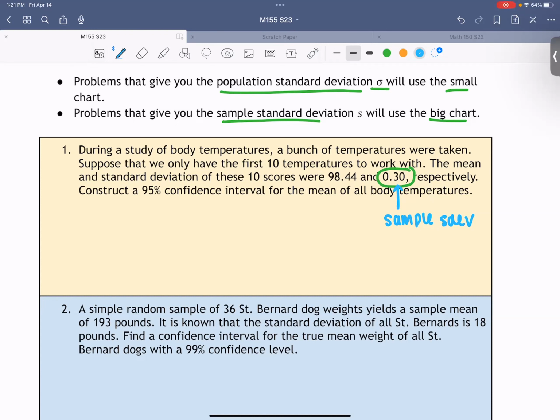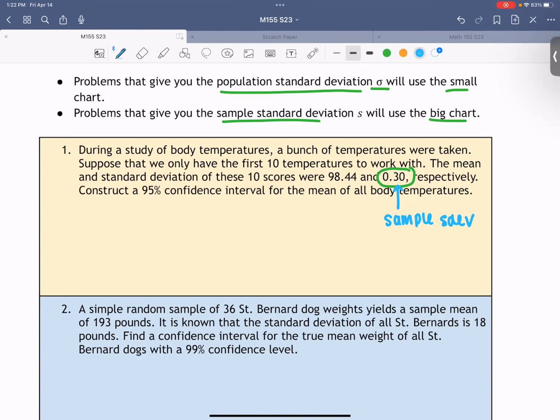Perfect. It says the mean and standard deviation of the 10 scores. The 10 scores is the sample. So even though it's not explicitly saying the mean and standard deviation of the sample are these 2 numbers, the 10 scores is the sample. So even though it doesn't say sample, the 10 scores really mean sample. So this is definitely the sample standard deviation.